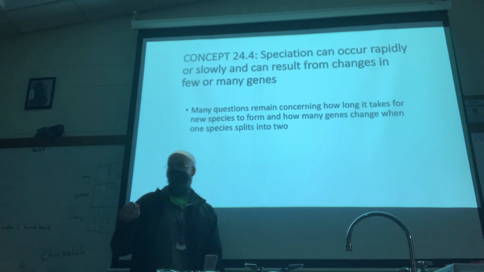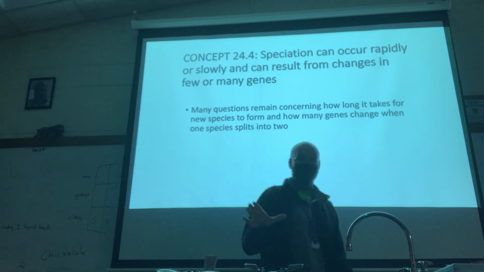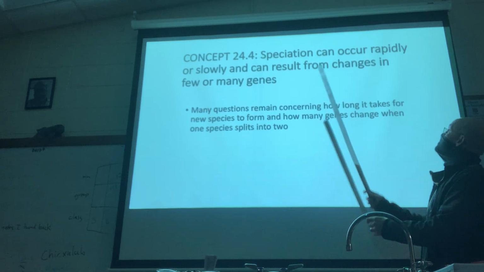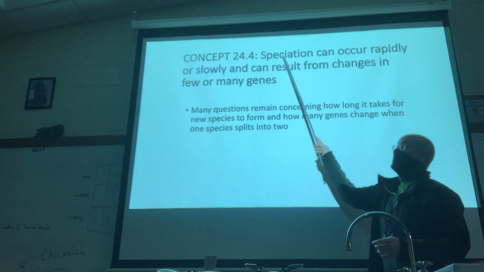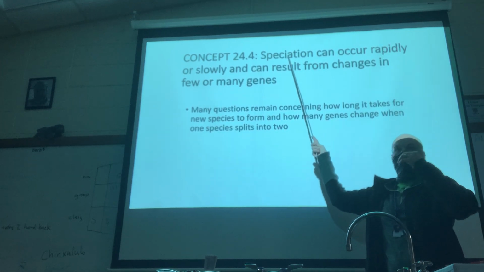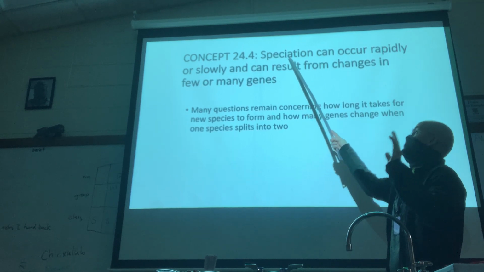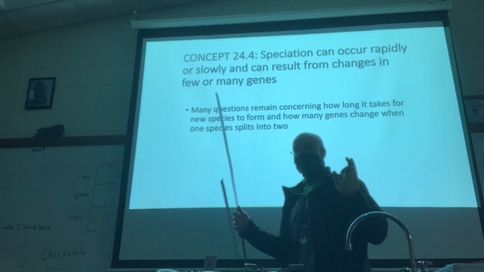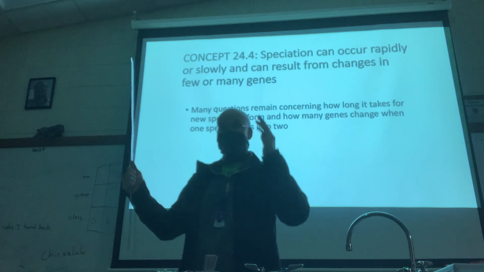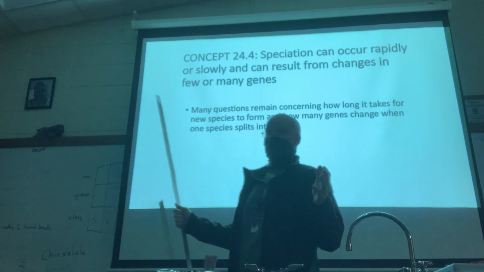Section 4 is about speciation. This is a term I will use quite a bit, or that you'll see quite a bit in the reading especially. Speciation means to create a new species.